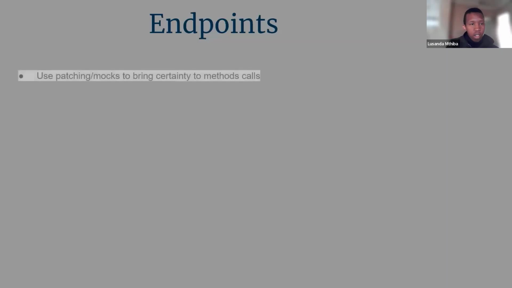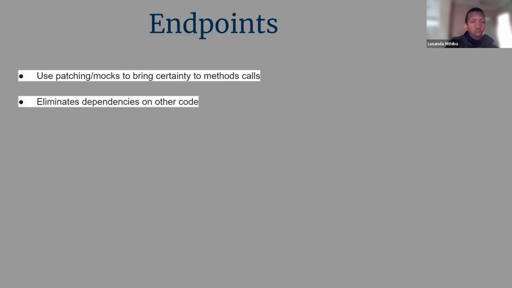And on endpoints. Mostly since endpoints are connections, it's like using APIs. So we use patch and mocks to bring a setting to the method call. Mock is used to eliminate all the dependencies.